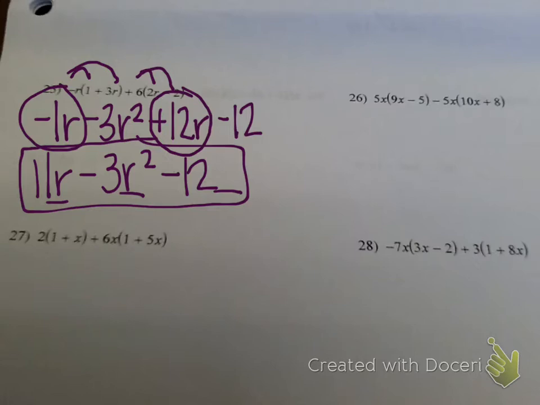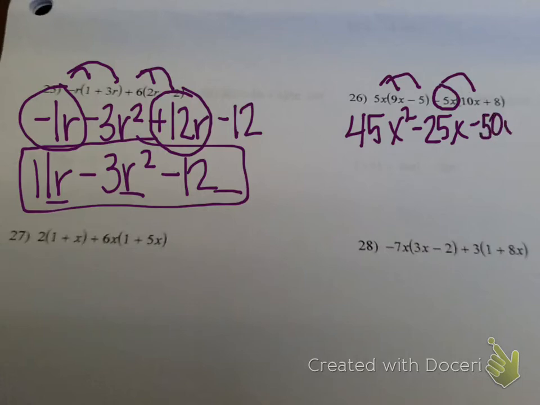Let's try another one like that. 5x times 9x is 45x squared. 5x times negative 5 is negative 25x. Here I have negative 5x times 10, which is negative 50x squared, and negative 5x times 8, which is negative 40x.